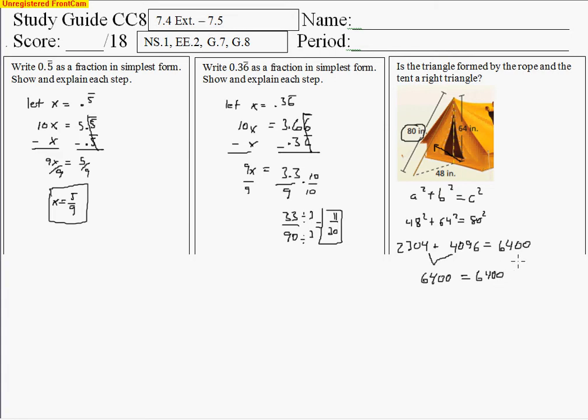And so this means, yes, the triangle is right.